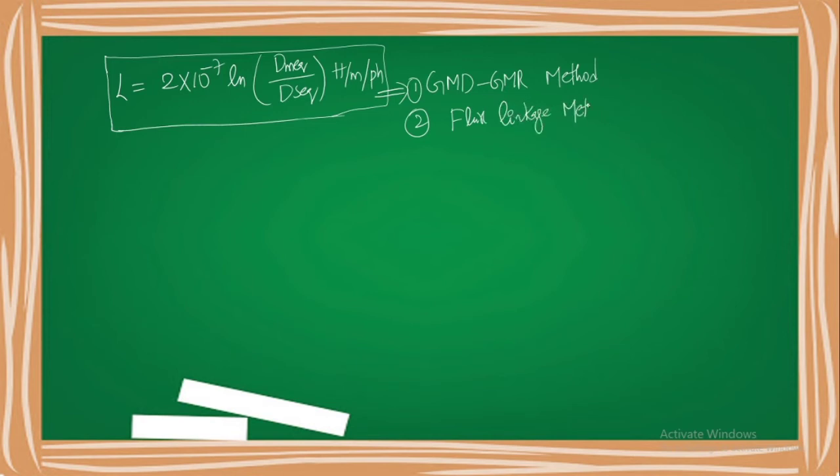So right now we have already used the flux linkage method of finding the inductance per phase, and we got that inductance as L is equal to 2 times 10 power minus 7 ln of root 3 d divided by 2 r dash Henry per meter per phase, right? Now we will see how to get the same value using the GMD and GMR method, right?